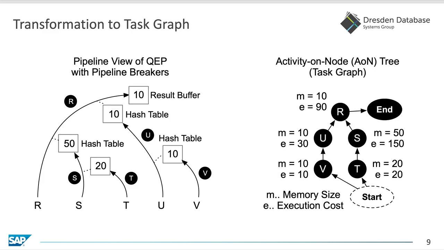We now transform this into an activity on node tree, corresponding to the activity on node graph from the scheduling theory literature, and annotate the nodes with the memory costs and the execution costs.